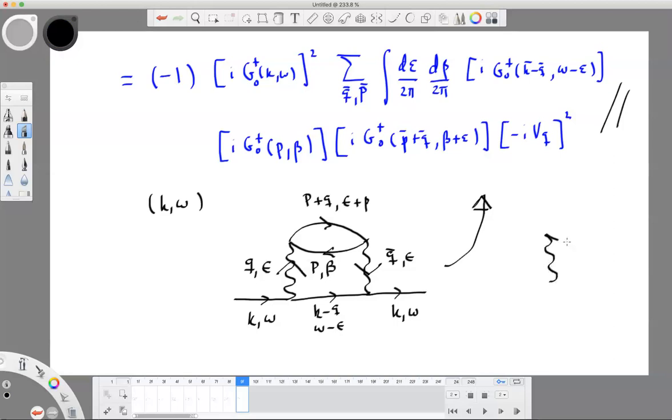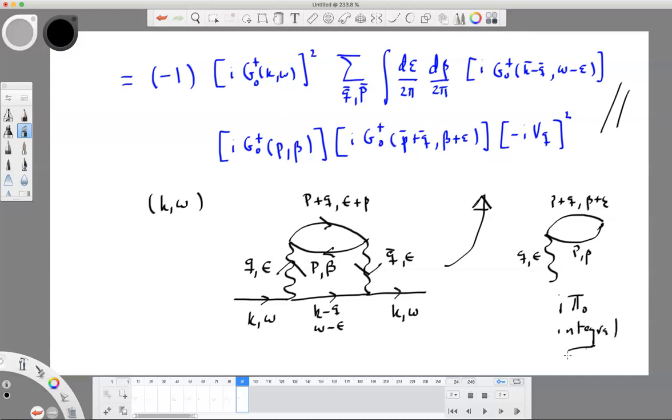So we will just need this piece in order to calculate the dielectric constant. It's the P beta piece, which is going to be an integral, and the P plus Q, beta plus epsilon, and the Q epsilon here. This is what we're going to need, and this is going to be the I pi 0 integral.